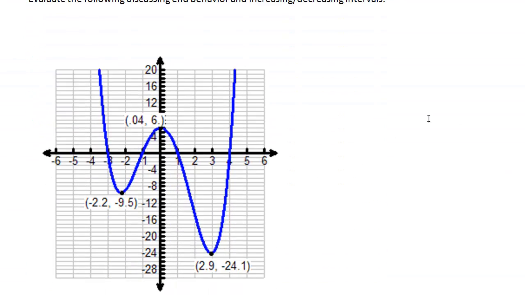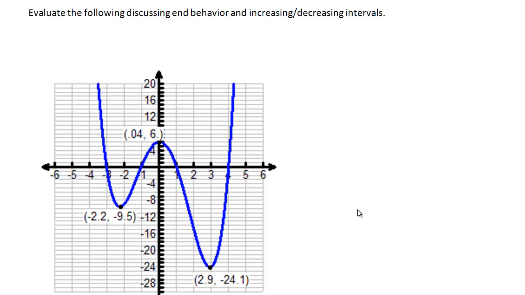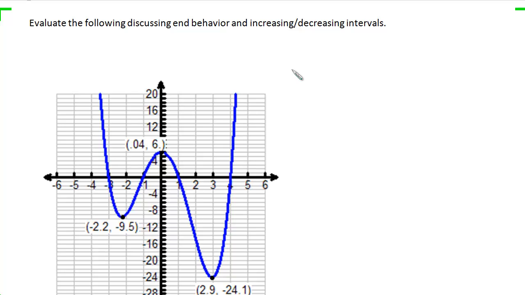So let's take a look. If I want to evaluate this, describe the end behavior. So again, as I'm moving off to the left, we'll say, as x approaches negative infinity, f of x, your function, approaches infinity.